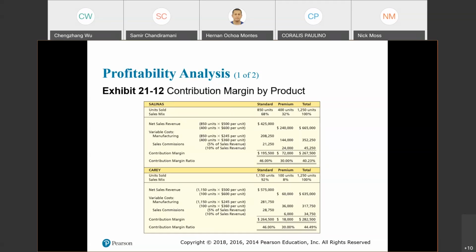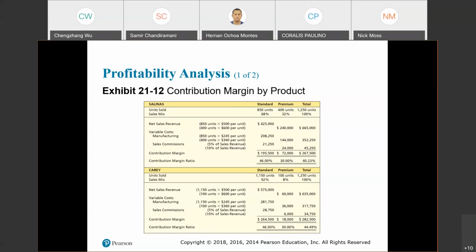Well, we would think that the contribution margin ratio for high-end vehicles is higher, because the high-end vehicles have a much higher selling price.